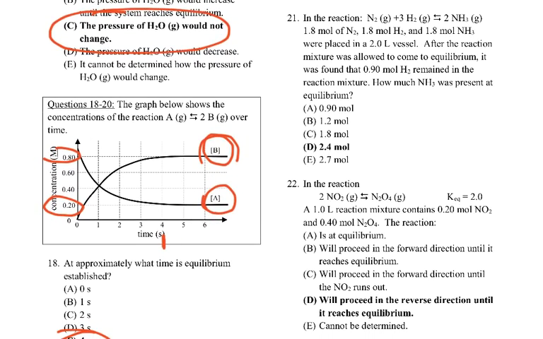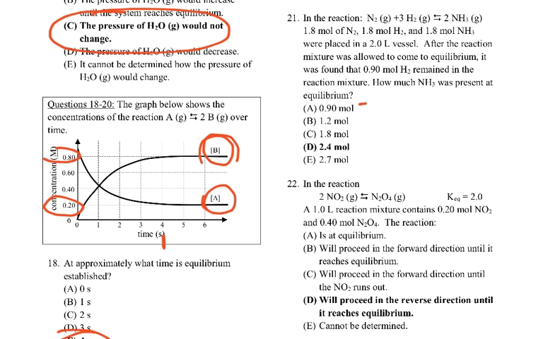Now for question 21, here's a reaction, and they're all gases. 1.8 moles of N2, 1.8 moles of H2, 1.8 moles of NH3 are placed in a 2-liter vessel. After the reaction has come to equilibrium, it's found that 0.9 moles of H2 remained in the reaction mixture. How much NH3 was present at equilibrium?